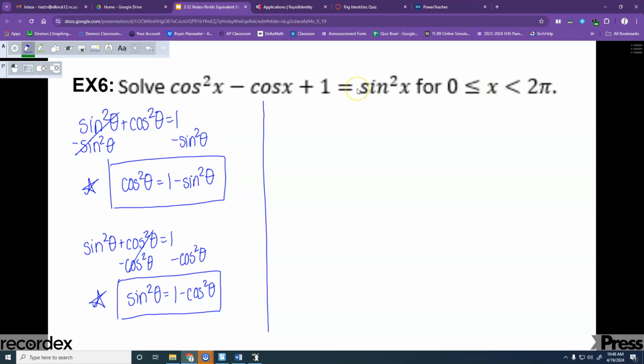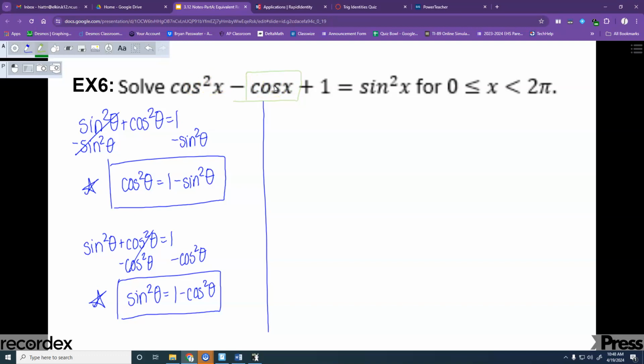It is because of this right here. Is this one squared? It is not squared. Pythagorean identities must be squared, right? So I cannot change cosine to 1 minus sine. I can only change sine squared or cosine squared. I could change cosine squared to 1 minus sine squared, but then I'm not going to be able to change this, and I'm still going to have sine and cosine.